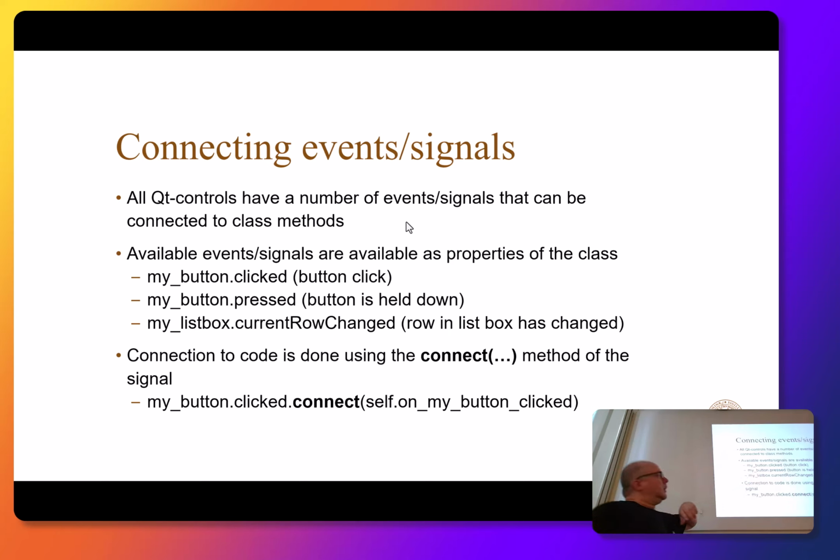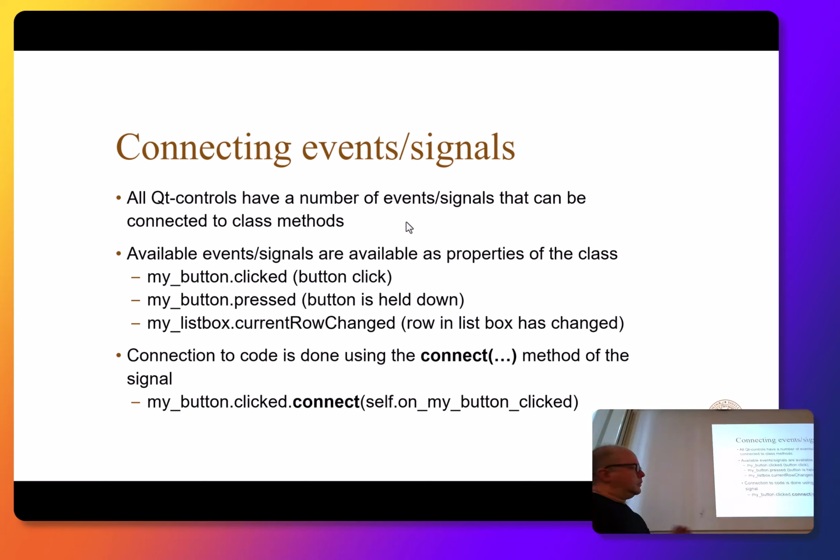That means that it's a complete click, so when the user has clicked and released the mouse, that is a complete click. You also have pressed, which is when the button is held down, and that will call that. And then there are also some others, for example, in this box there is a current row change. There are a lot of these signals, and you can find them in the PyQt documentation.